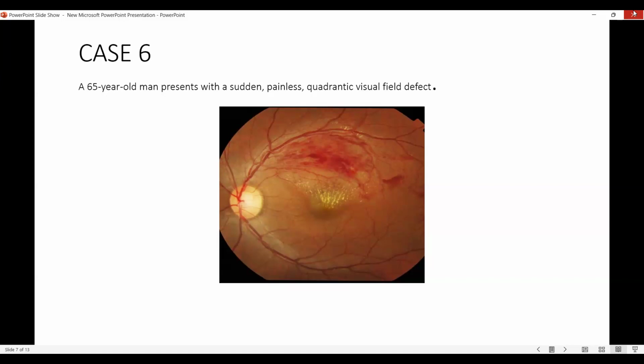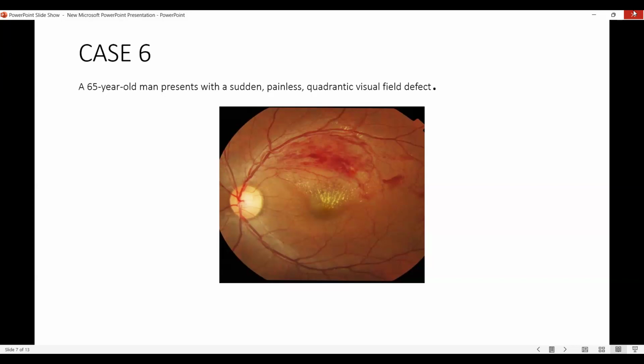Just try to avoid the abbreviation in the exam. You can say superior temporal branch retinal vein occlusion. And for the differential diagnosis we can also say hemiretinal vein occlusion, and you can also mention diabetic retinopathy, hypertensive retinopathy and ocular ischemic syndrome. Okay, then how will you proceed for this patient?